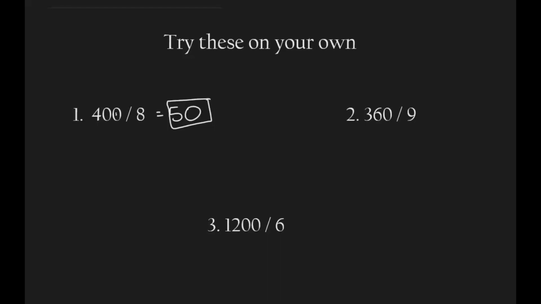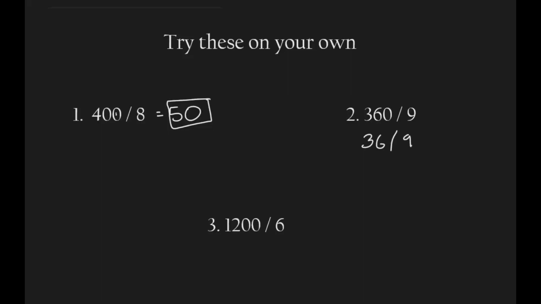360 divided by 9. Again, this is not a huge number, so I'm going to do the method where you just bring the 0 down after dividing. So now we're doing 36 divided by 9.